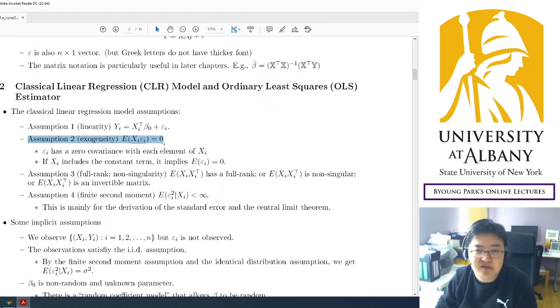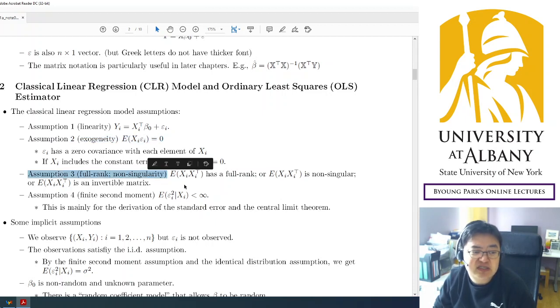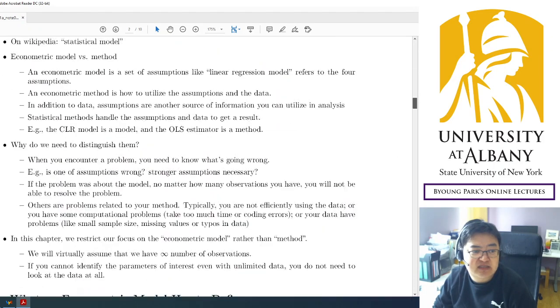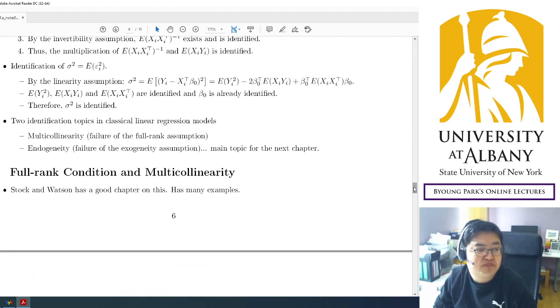But we will look into the exogeneity assumption and the full rank assumption. These two assumptions can fail. So we will study what the problem is when either of them fails. That's the main topic we will study from now on.